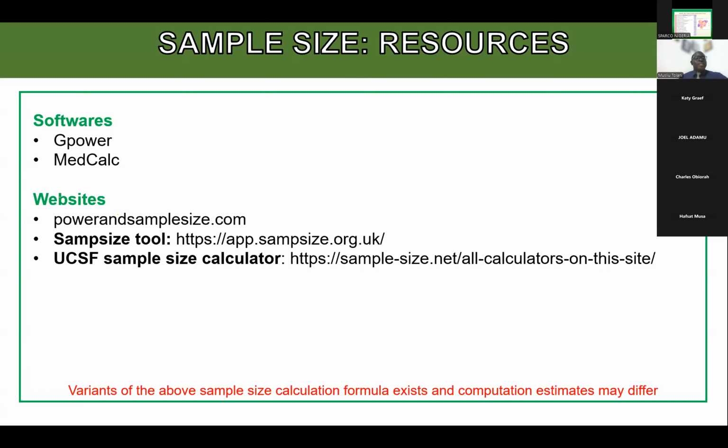Apart from that, there are various websites with validated sample size calculators. It's important to add a caveat that some of these online calculators use variants of the formulas I've earlier highlighted because, like I said, a lot of mathematicians, investigators and epidemiologists have brought out various formulas, and the computed estimates might differ.